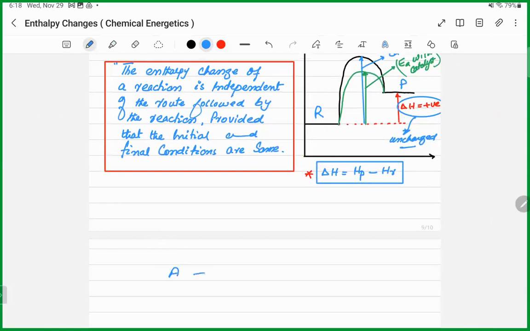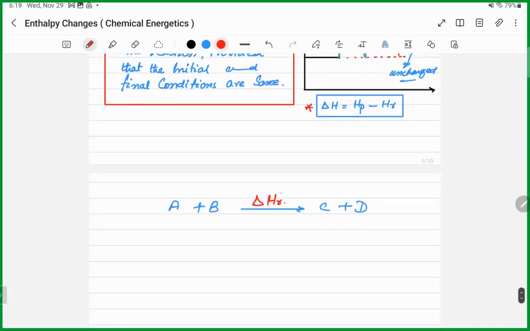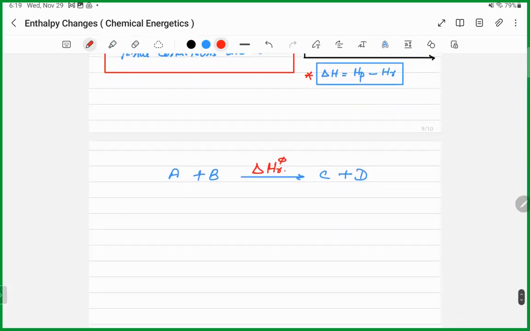Reactants हैं A plus B forming C plus D. And I'm writing down that delta HR. इसकी enthalpy change कहलाएगी enthalpy change of a reaction, delta HR. You can say that it's the standard enthalpy change of a reaction. सही है ना?